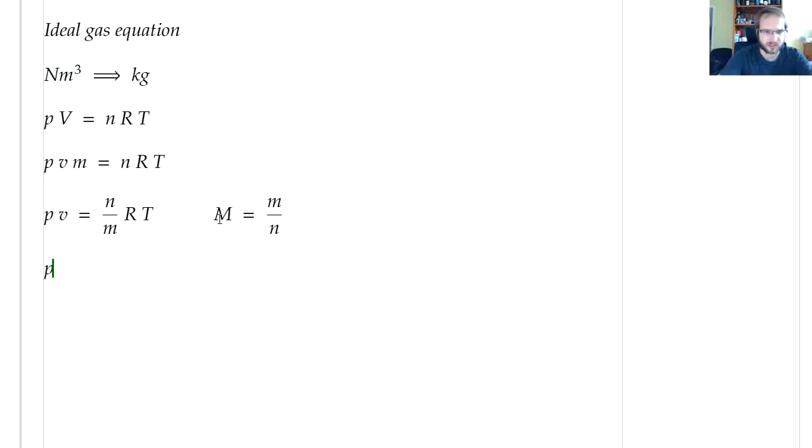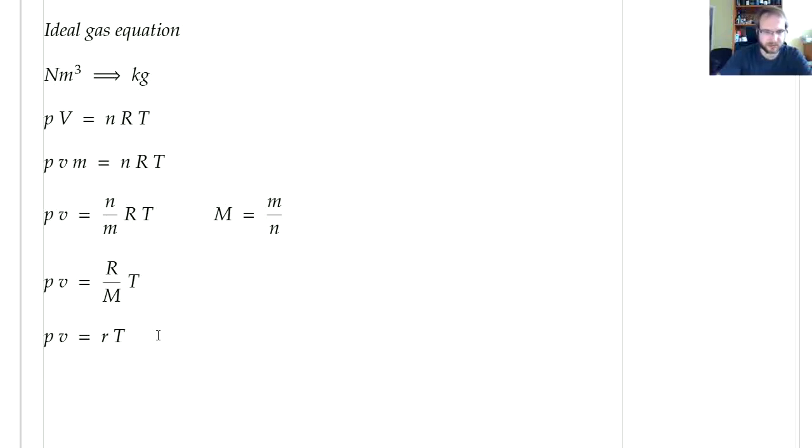So we can actually write Pv equals R over M multiplied by T, and this R over M is also very often referred to as lowercase r, which is the specific gas constant. This is just because the M, the molar mass, is different for different gases, so this is specific for each different gas that we are using.